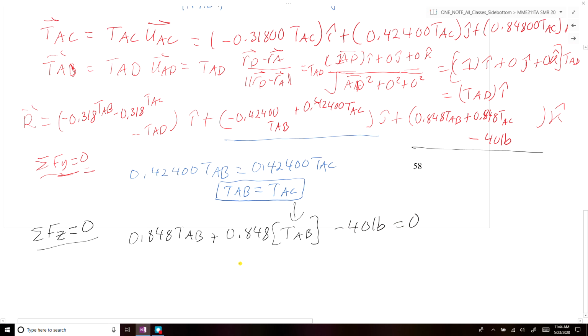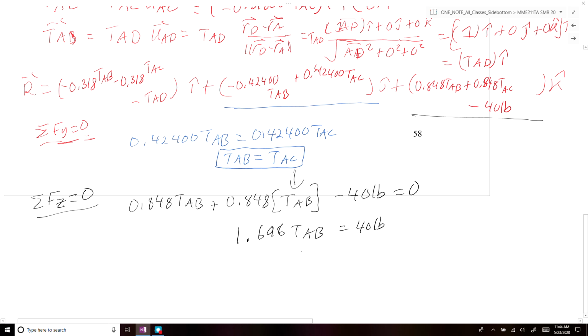So 1.696 TAB is going to be equal to 40 pounds. If we divide by 1.696, TAB is equal to 23.585 pounds, and TAC would also be equal to 23.585 pounds. We can round these both to approximately 23.6 pounds.